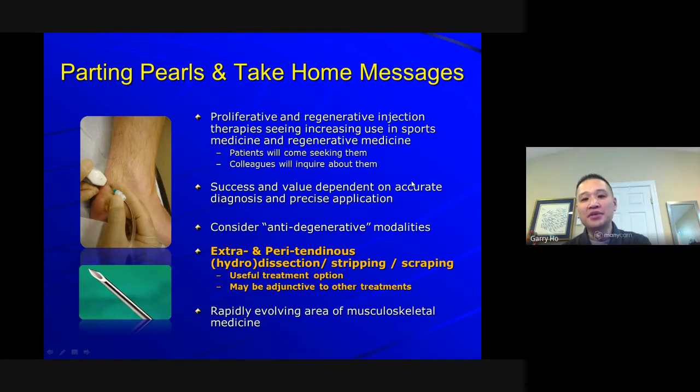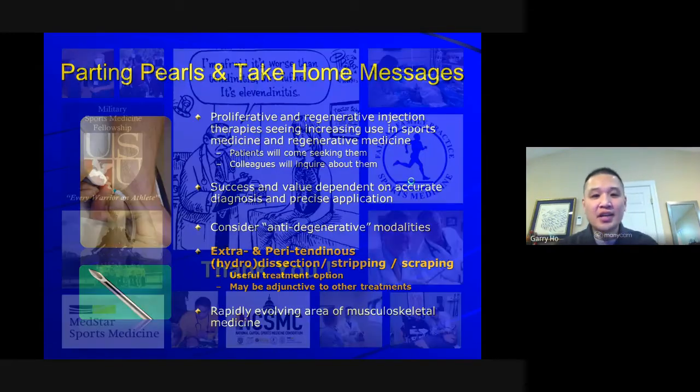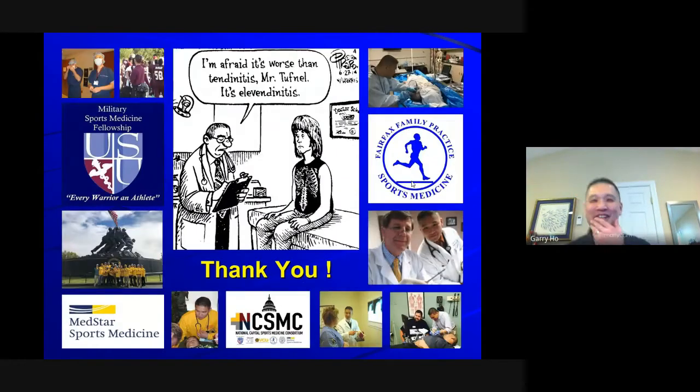Some people will use this as a standalone treatment, and I have used it as a standalone treatment, but I think that it's also a useful adjunct for regenerative medicine. It's more of an anti-degenerative modality, but I think ultimately enhances the overall result and is a useful tool in your tool bag.